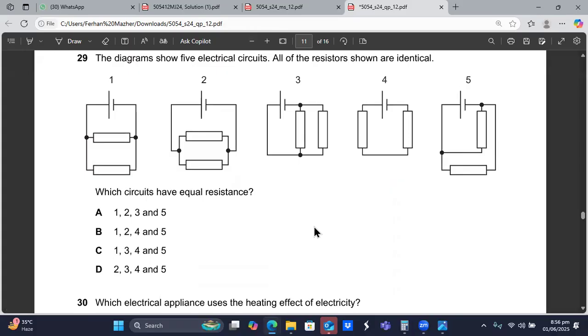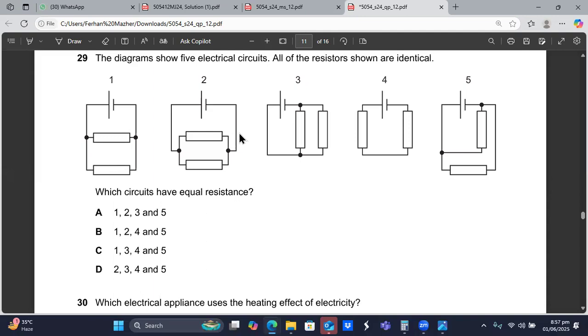The diagram shows 5 electrical circuits. All of the resistors shown are identical. Which circuit will have equal resistance? Here, these two have parallel resistors.